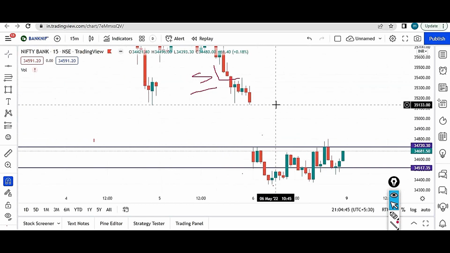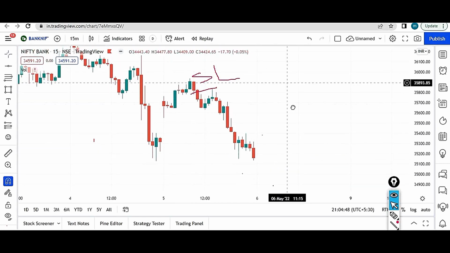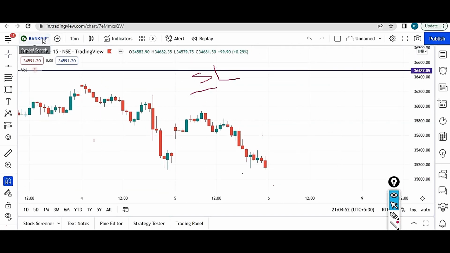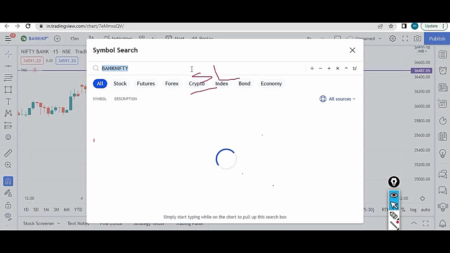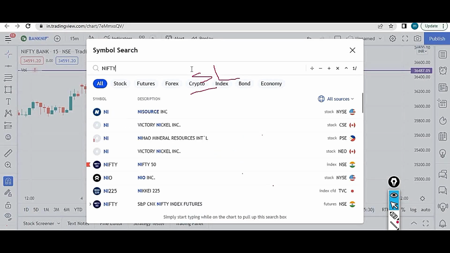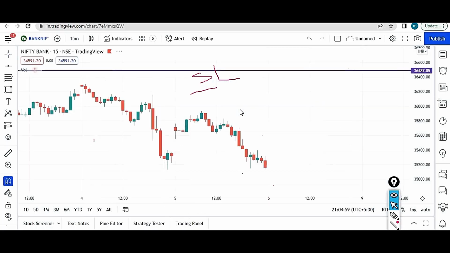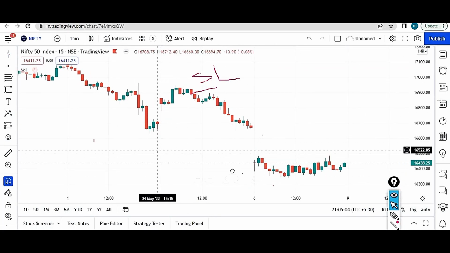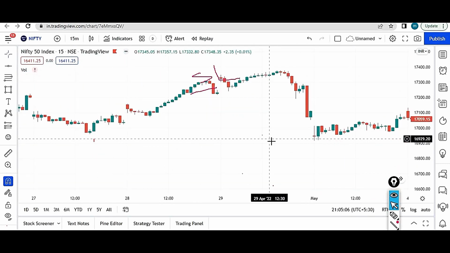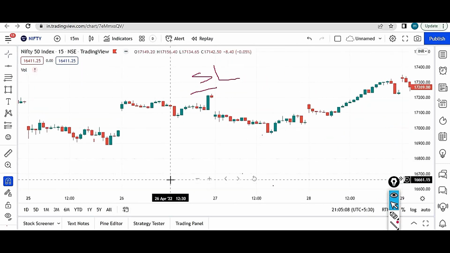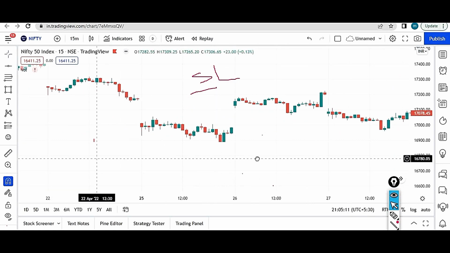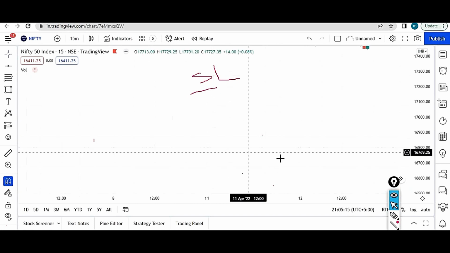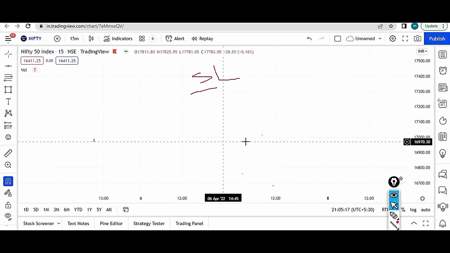Okay, that's all guys. This is how you can figure out inside bars in Bank Nifty. Okay, let's try to find inside bars in Nifty also. Let's see the last 15 days, from April 1st.